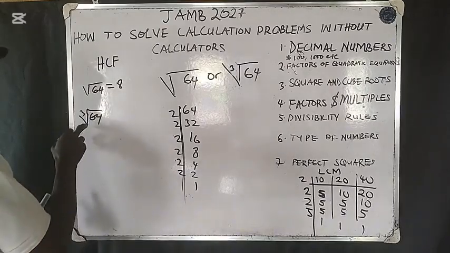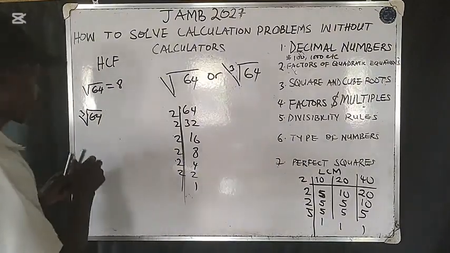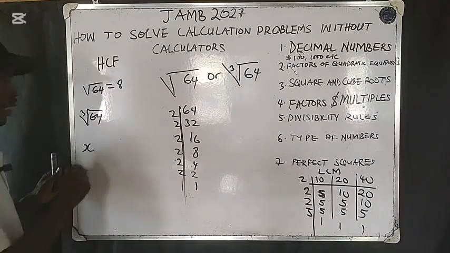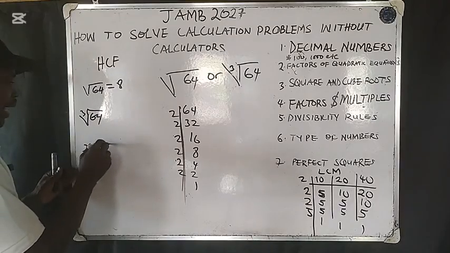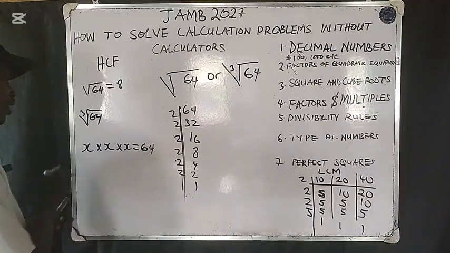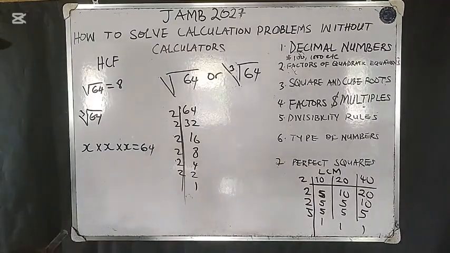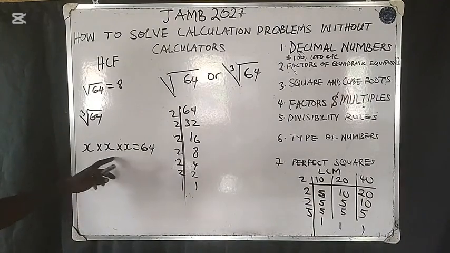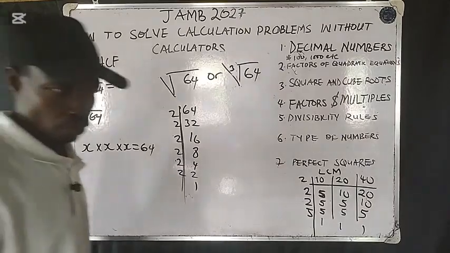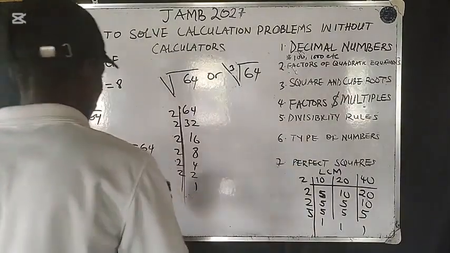Now, cube root means what is that number that you multiply like this? If the number is x, for example, it will be x times x times x, and it will give you 64. So what is the value of x? A number that will multiply itself 3 times, x times x times x, that will give us 64. So that is the cube root of 64.